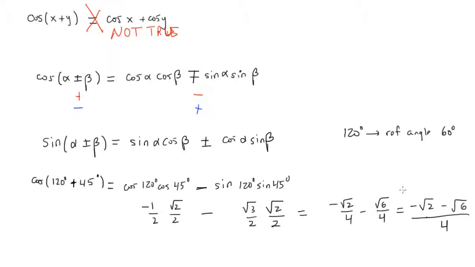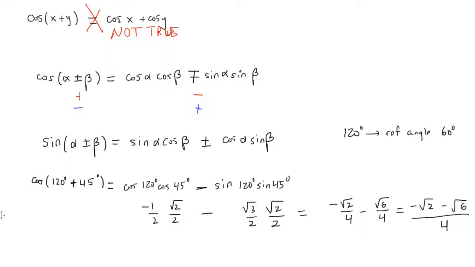So it makes sense that the answer is clearly negative, because you've got a negative thing and you take away a positive thing, so that stays negative. And then the 4 is buddied up. So it was quite convenient here that we had common denominators already. We didn't have to mess with any of that.